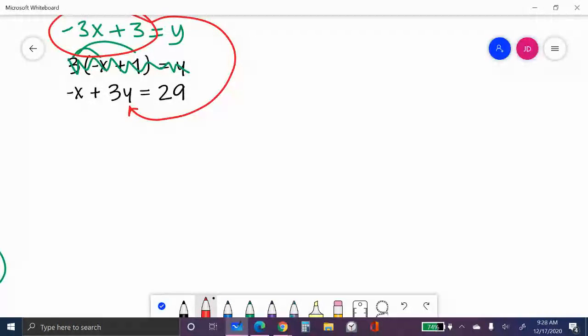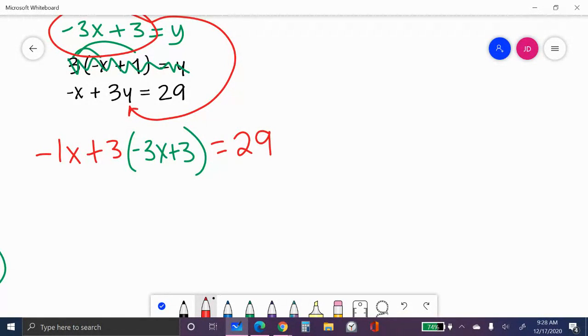So you have negative x, which I'm just going to write as negative 1x, plus 3, parentheses, don't forget the parentheses, negative 3x plus 3, equals 29. All right, so you took this, and you substituted in the y down here.